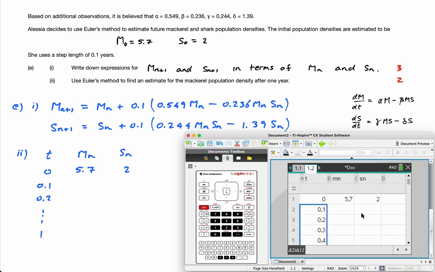Anyway, it won't matter. Then to find the next m, we have to put in this equation.